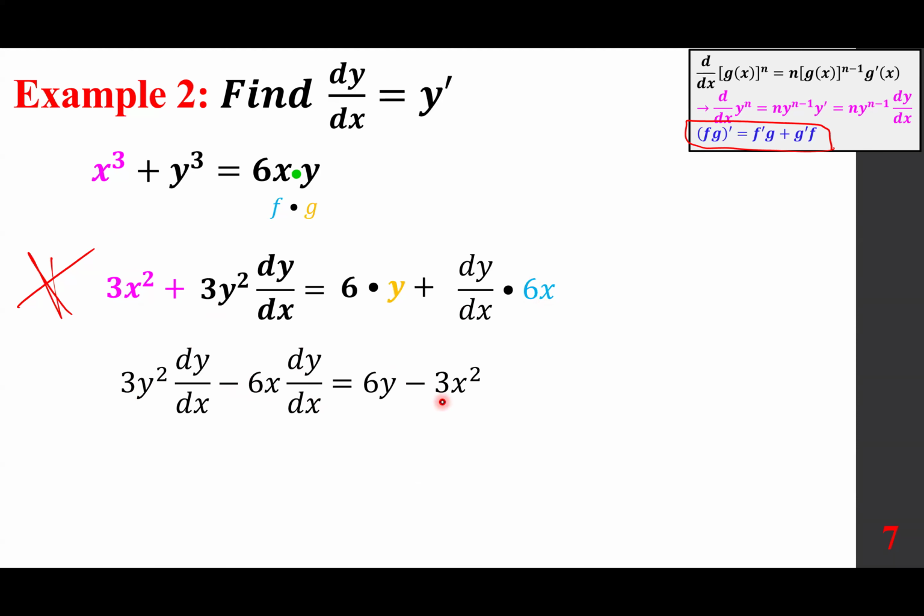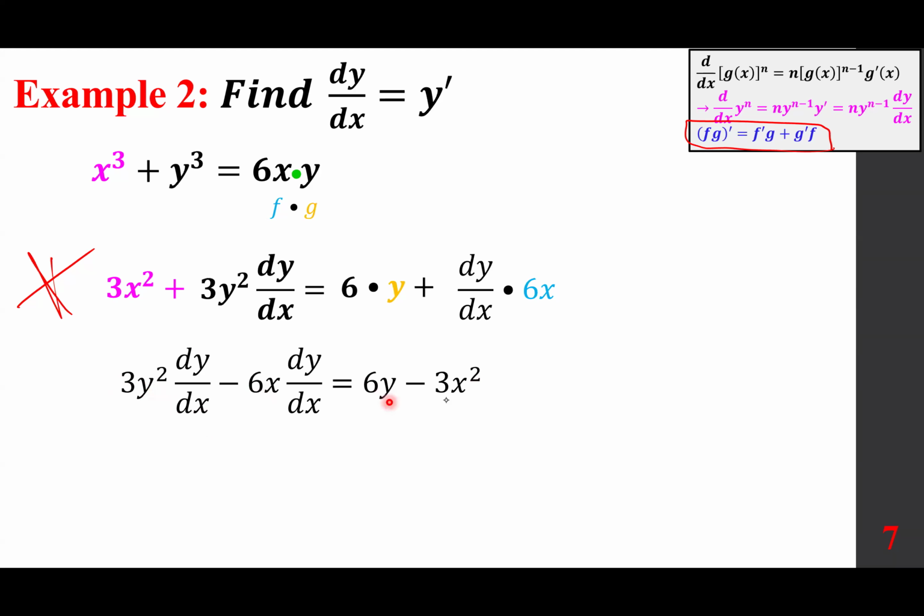And on the left side, we want to solve for dy dx. We want to factor the dy dx out. We notice there's also a factor of 3. So if I take the dy dx out as well as 3, this gives me y squared, and this one gives me negative 2x. The right side also has a common factor of 3.